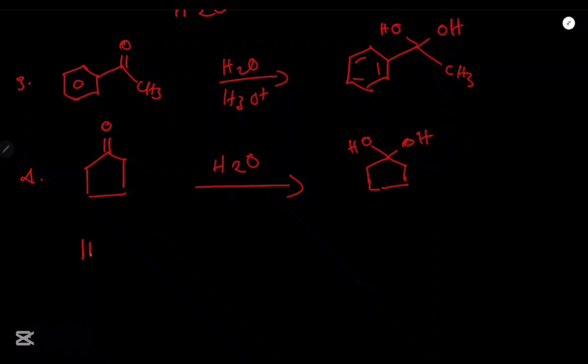So it means water can react with itself to form hydronium ion or oxonium ion, which is an acid, plus OH. So there's an ability of forming an acid and a base. That's what we call auto ionization.